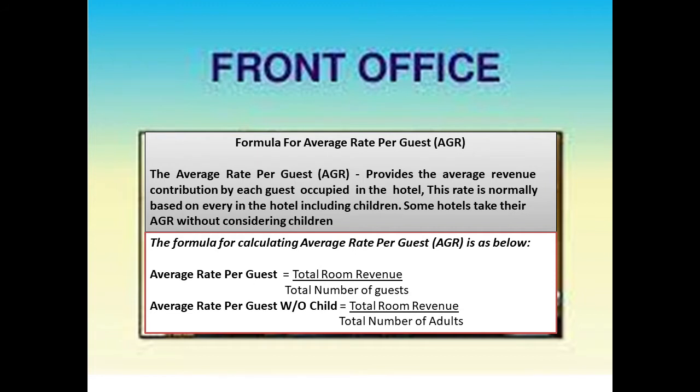The formula for calculating average rate per guest or AGR is as below. Average rate per guest is equal to the total room revenue over the total number of guests. Average rate per guest without child is equal to the total room revenue over the total number of adults.